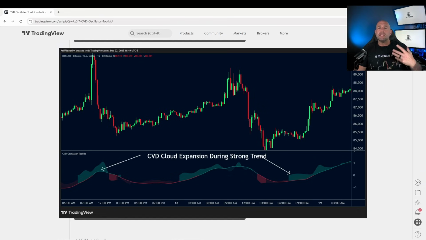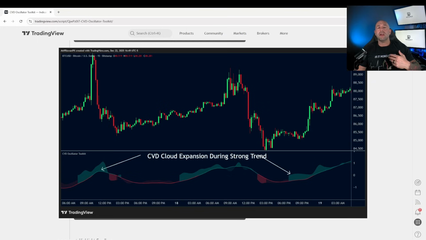So when the cloud expands, it reflects increasing volume commitment and stronger involvement from one side of the market. When the cloud compresses, it indicates diminishing conviction and reduced pressure intensity. A flip in the cloud structure reflects a change in volume control rather than a price-based event. CVD clouds are designed to provide context, not signals.